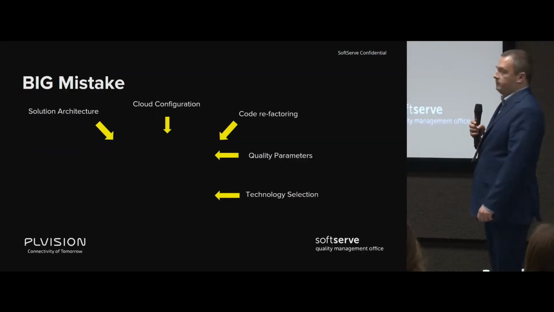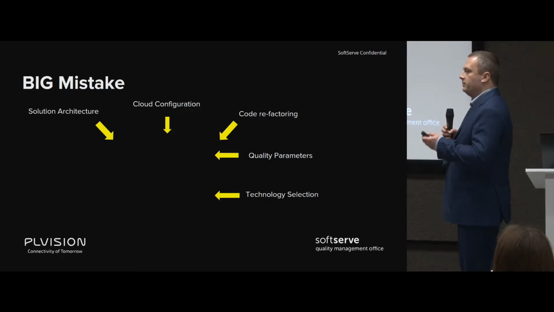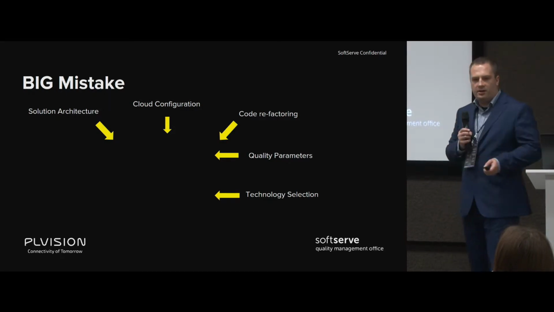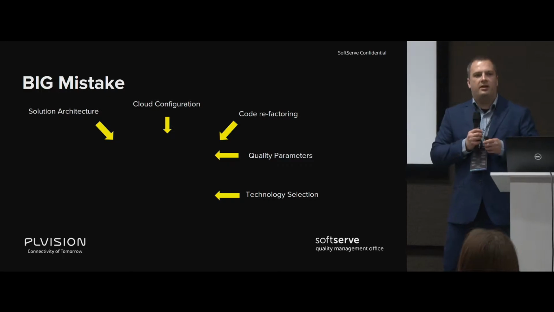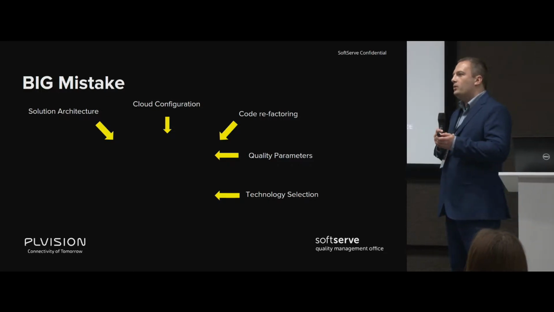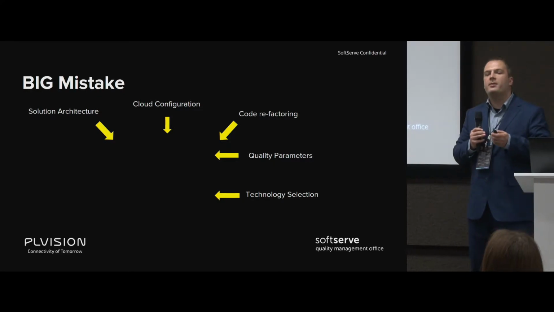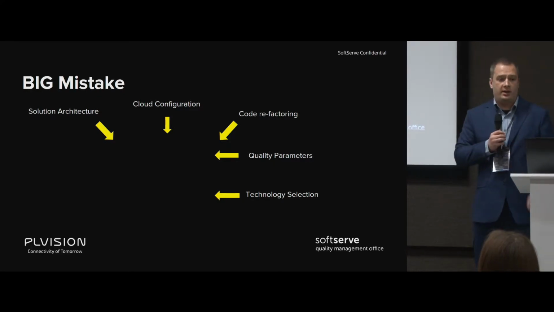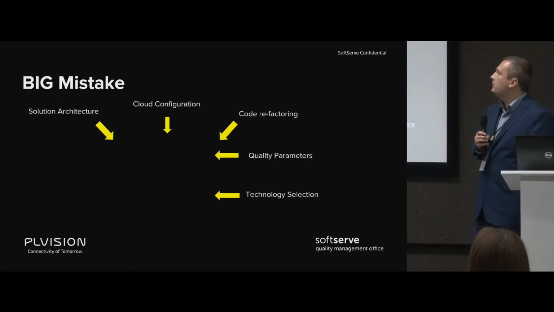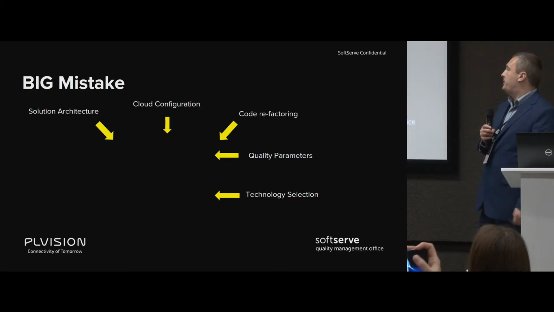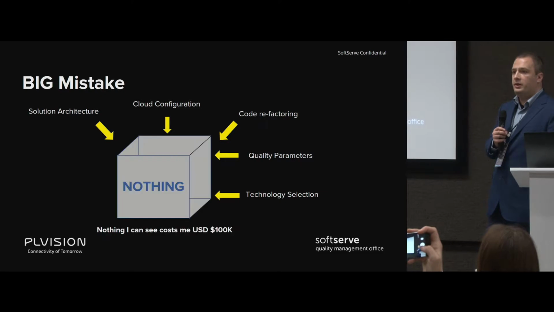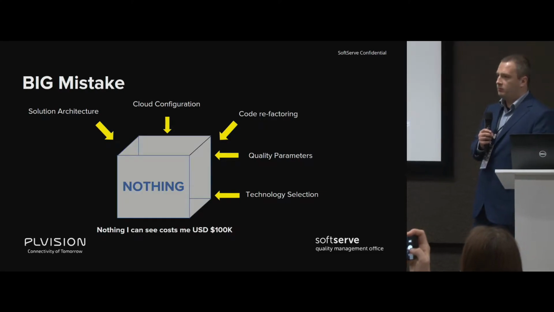So please understand, when you are defining architecture, defining environment, selecting technology, or doing other important things from an IT perspective, from the customer's perspective you are proposing to him nothing.